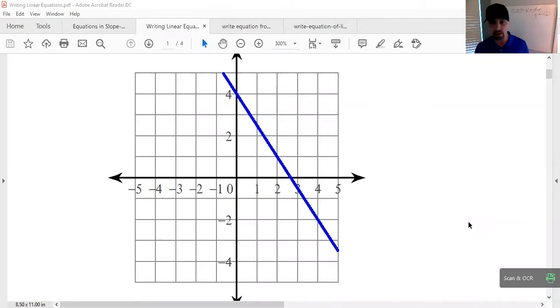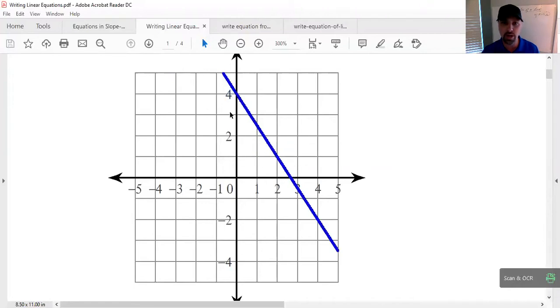Now, the number itself is going to be the rise over the run. So we need to find 2 points on this graph where the line crosses at an intersection. Okay, and so we can see right here the y-intercept is a point that the line crosses at an intersection. And if we follow the line down, the next point would be right here at 2, 1. And so that's going to be our second point. That's going to be where we make our slope triangle.